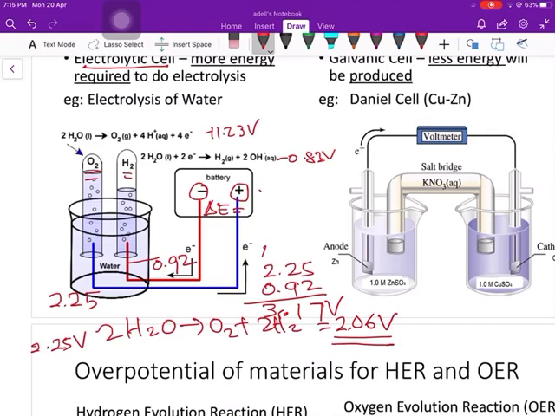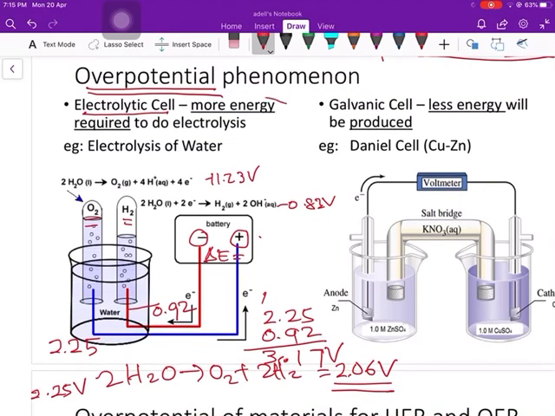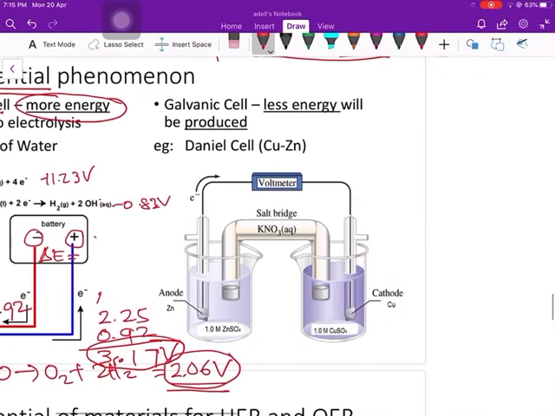So more energy must be supplied in order to make the electrolysis of water possible. Theoretically 2.06, but experimentally, if you use different electrode material or different conditions, you should expect more voltage should be supplied in order to start the electrolysis of water reaction.